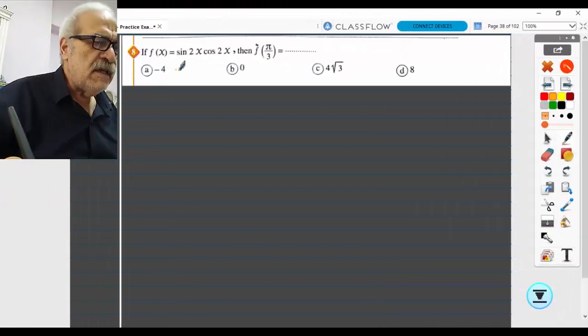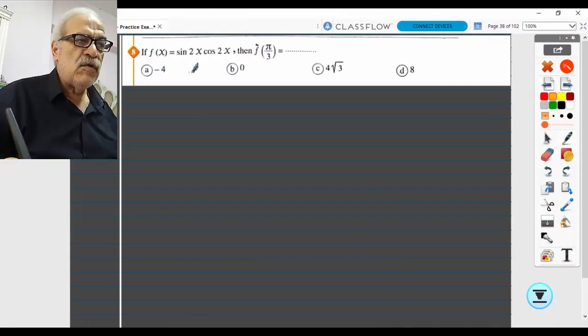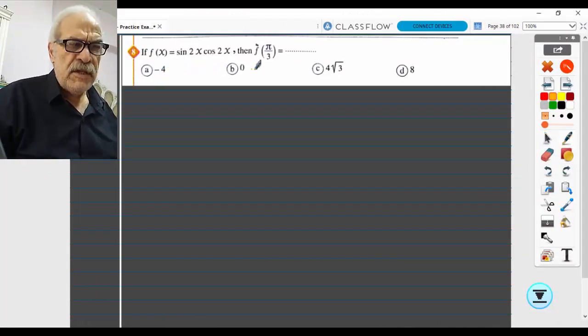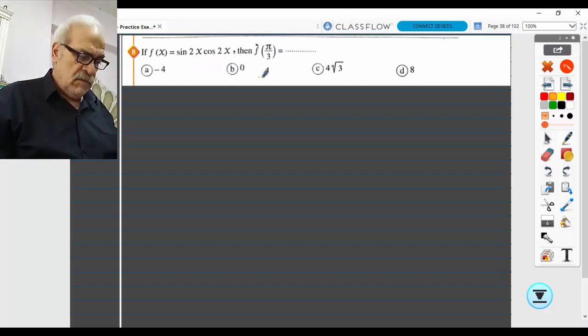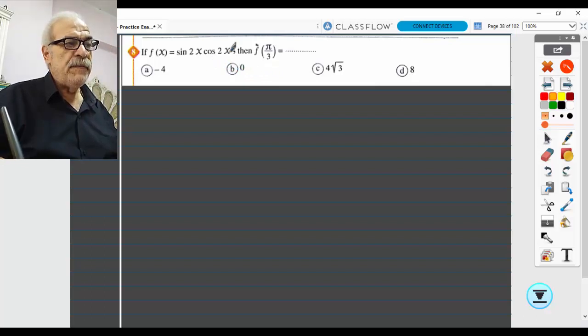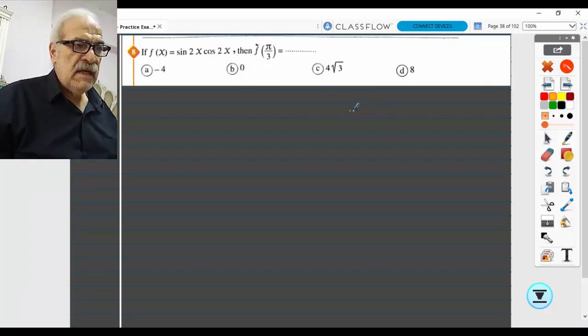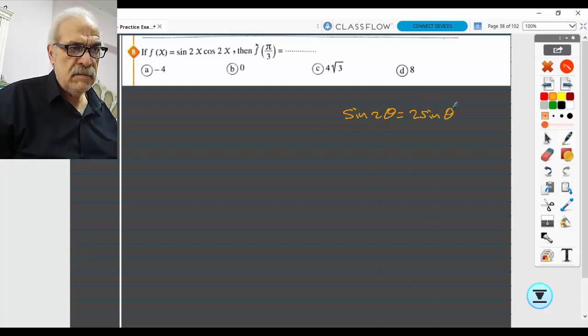If f of x equals sine 2x cosine 2x, then f double dash of pi over 3 equals one of these. So we must simplify the right hand side. Okay, we know that sine 2 theta equals 2 sine theta cosine theta.